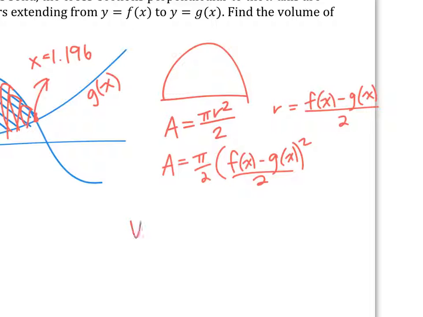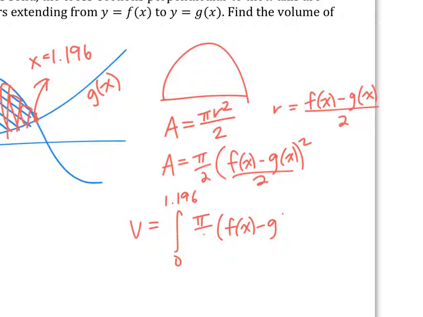Okay, now volume is going to be adding up all of those semicircles. So we're integrating from where to where? 0 to 1.196 of pi over, let's combine the denominator together. So pi over 4 times (f of x minus g, wait, I did this wrong, sorry.